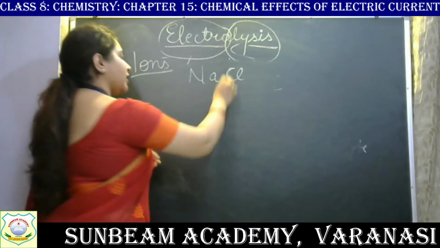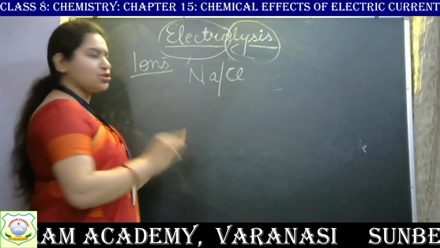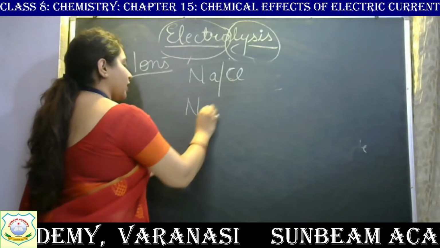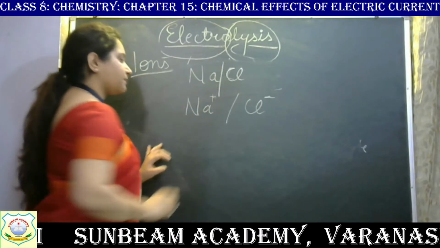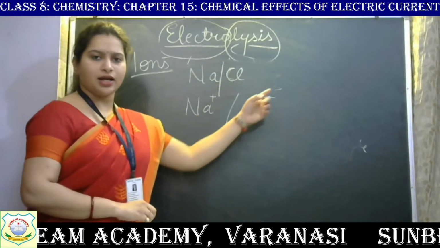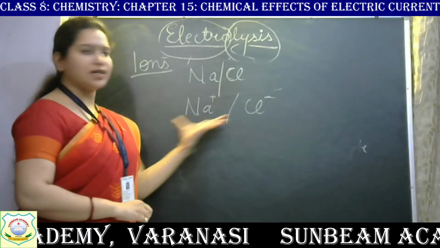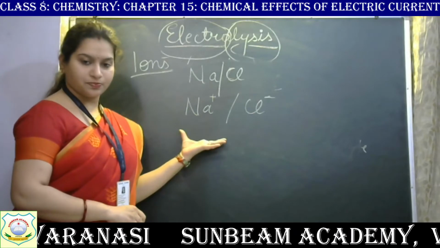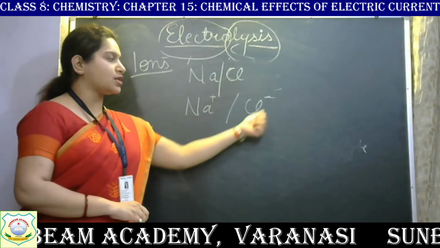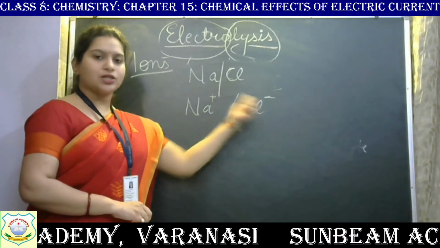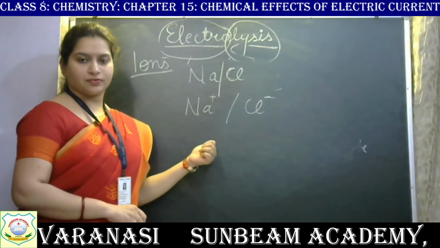So if we break common salt into its constituents, it will be broken into Na plus and Cl minus. So this is nothing but a charge. ठीक है? ये क्या है? सोडियम के ऊपर पॉजिटिव और Cl के ऊपर नेगेटिव चार्ज आया. So they are called ions.